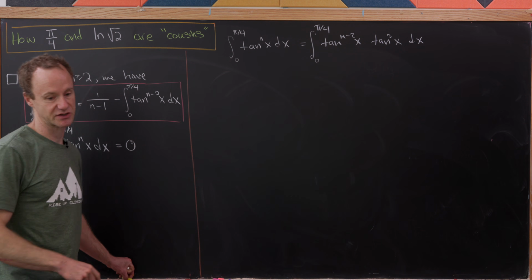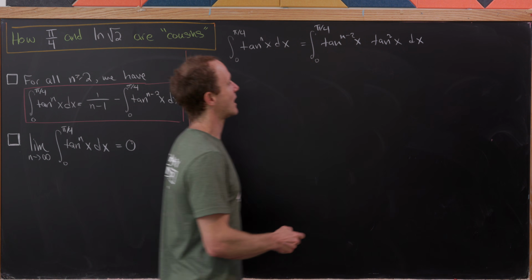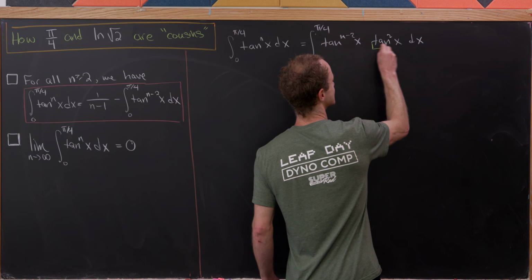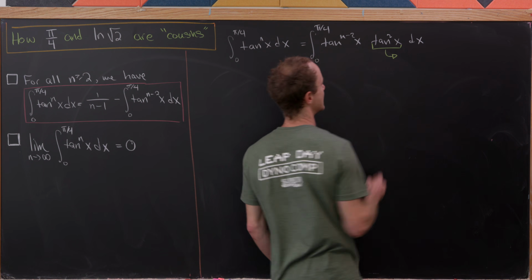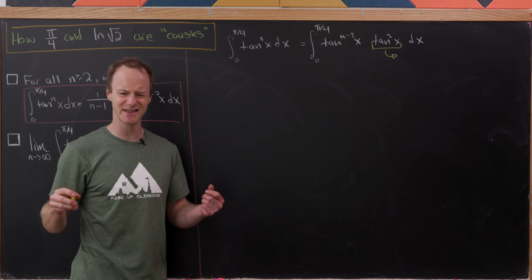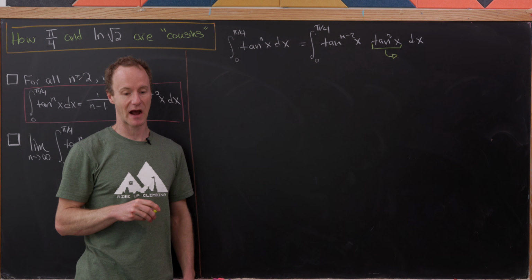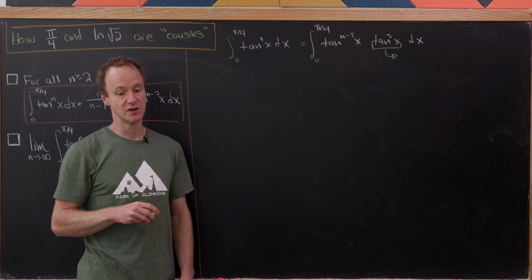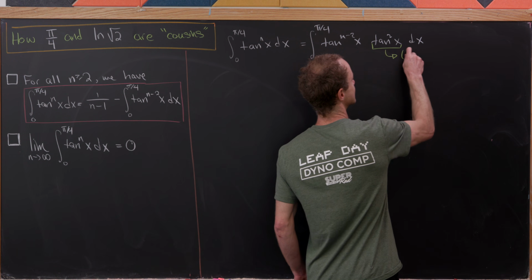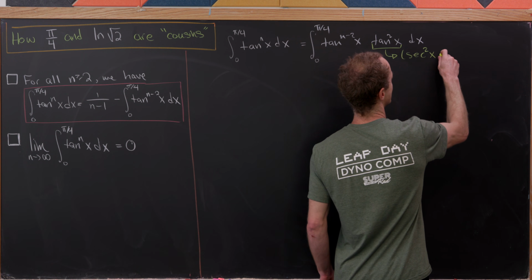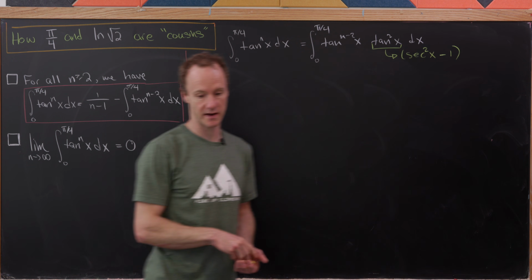Okay, that's good. And then I'm going to take this tangent squared and rewrite it using a trig identity. This is a standard strategy for getting at these power reducing formulas. So I'm going to write this as the secant squared of x minus 1.